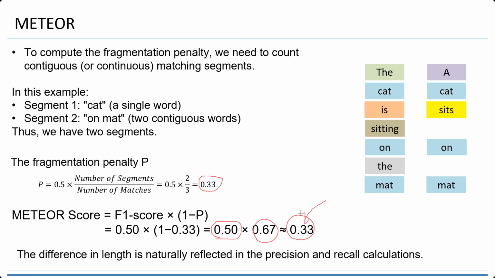So what does it mean by this one? It is because the meteor score reflects how similar the summary is with the reference. If it is high, then it shows high similarity.